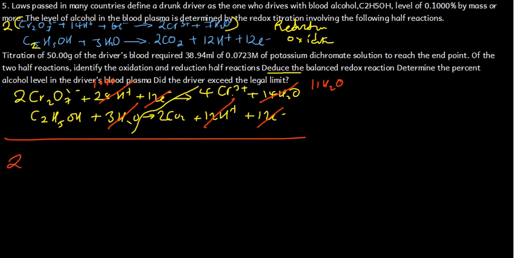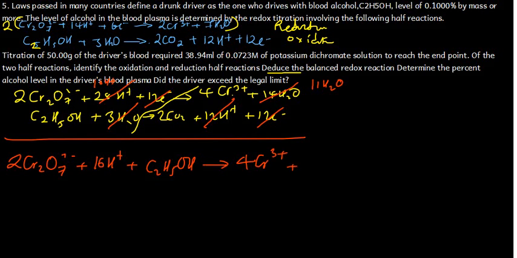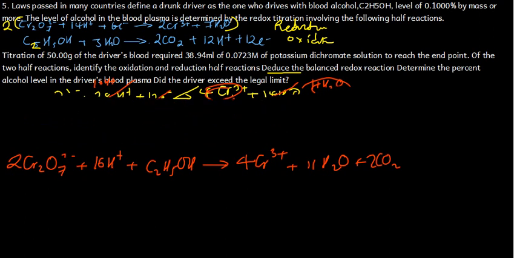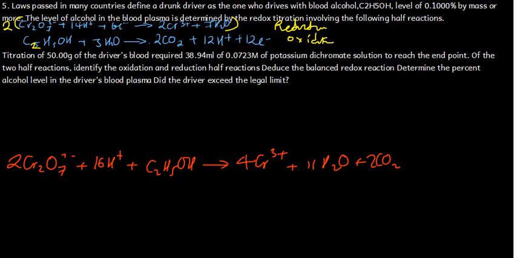We have 2 Cr2O7 2 minus, and 16 hydrogen ions, plus C2H5OH, and on the other side 4 Cr3 plus, plus 11 water molecules, plus 2 carbon dioxide. So that is the net balanced equation for the reaction above.